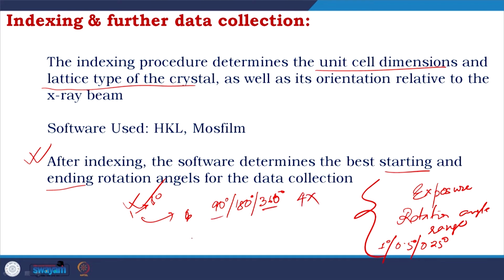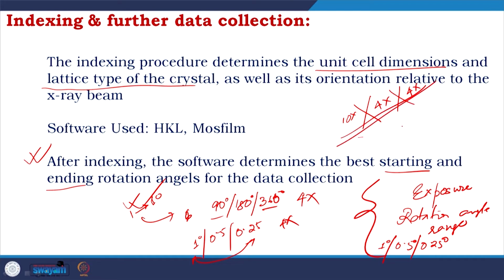Then the rotation interval: you make 1, 0.5, 0.25, again the difference is 4x. So, actually there would be 10x into 4x into 4x, 160x time difference, depending on how well you have optimized.